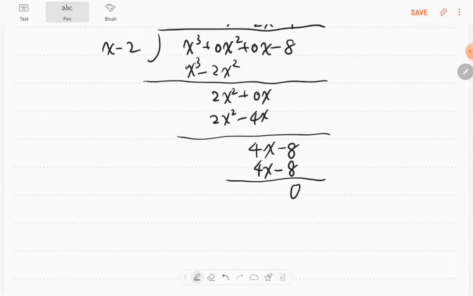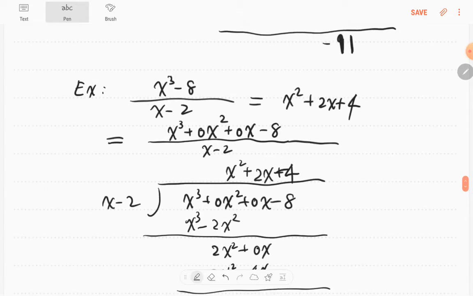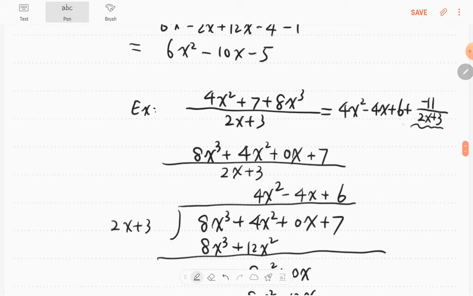But if you have the quotient and the remainder, then you should use quotient times divisor plus remainder to get the dividend. And remember how to write your answer in the correct form when you have the remainder. See, the quotient plus remainder over divisor. So the last part will be a fraction. Okay, that's all for chapter 5.